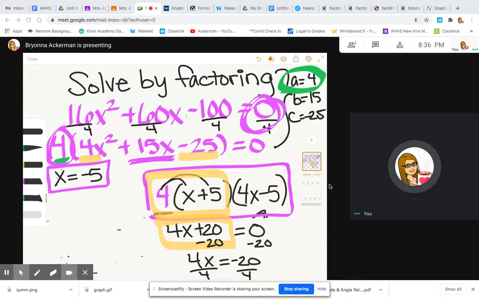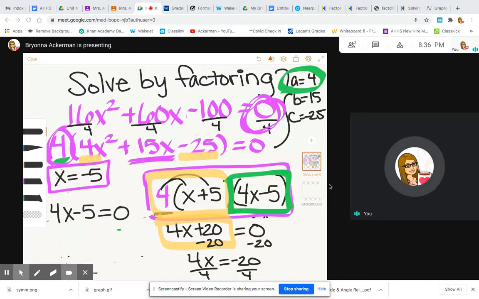Now we've got to do the other factor, which is this one over here. We'll put it in green. We're going to set that one also equal to 0. Let's do it over here where I have room. 4x minus 5 equals 0. Then we're going to solve for x. We add 5 to both sides, so we get 4x equals 5.